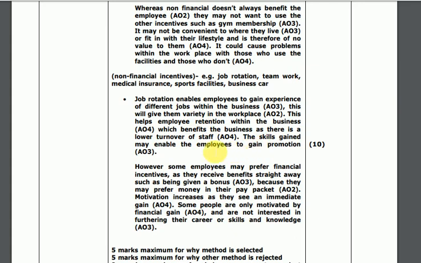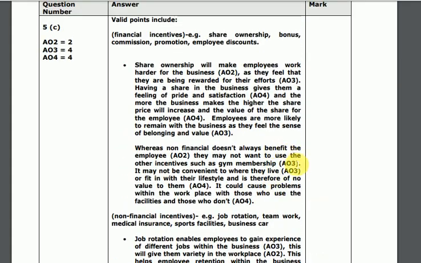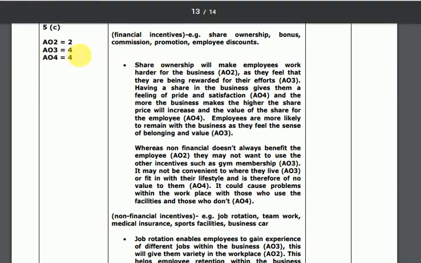The skills gained may enable the employees to gain promotion. So lots of advantages there of non-financial. So check the mark scheme, see if the points you made are highlighted here. Pause the video if required. And hopefully you've got enough depth in your answer to get those AO3, AO4 marks.